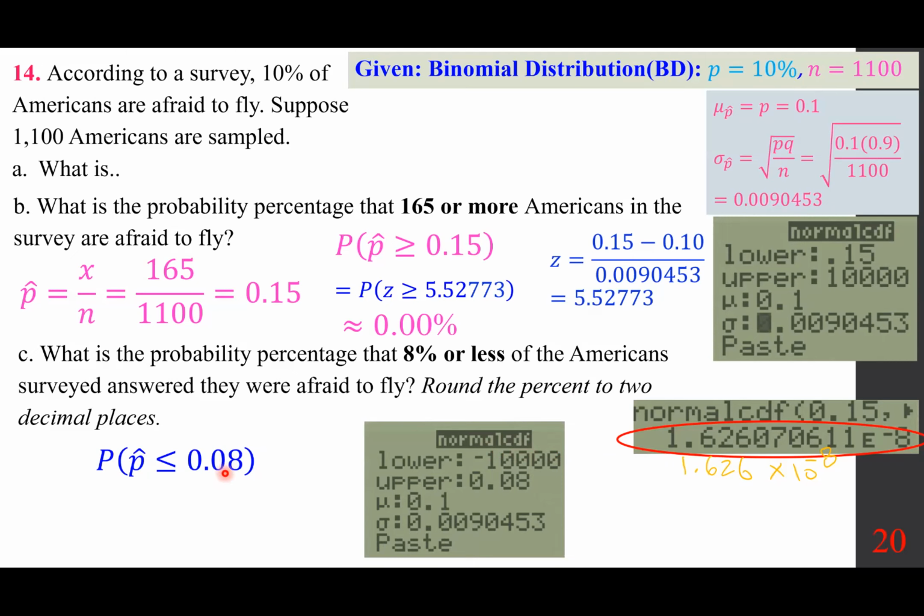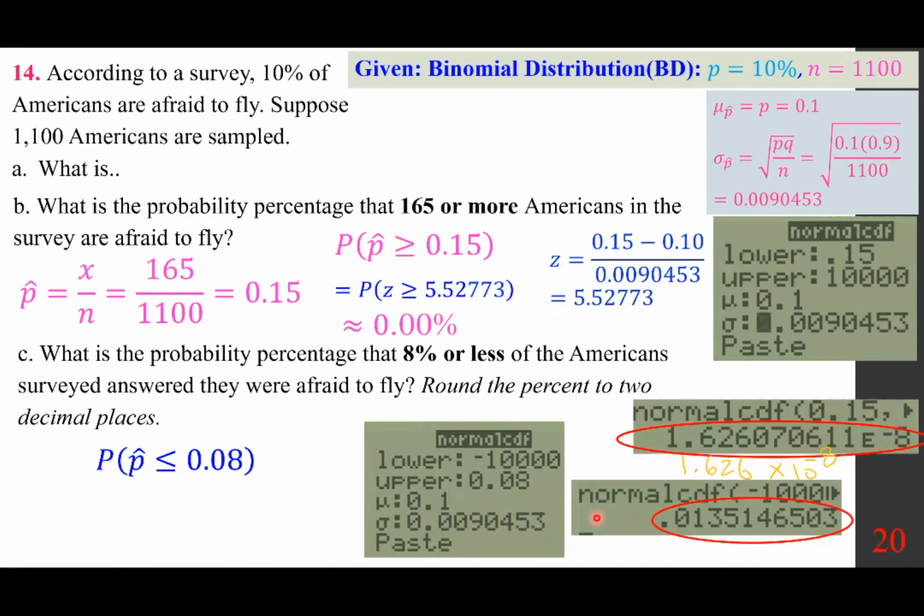The upper is 0.08. Mu 0.1, sigma 0.0090453, and the answer is 0.0135. We want a percentage, so 1.35%.